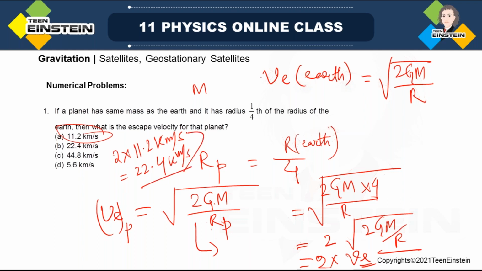Okay, this is the value of the escape velocity for this particular planet, which has the same mass as that of Earth, but radius is 1/4 of the radius of the Earth.